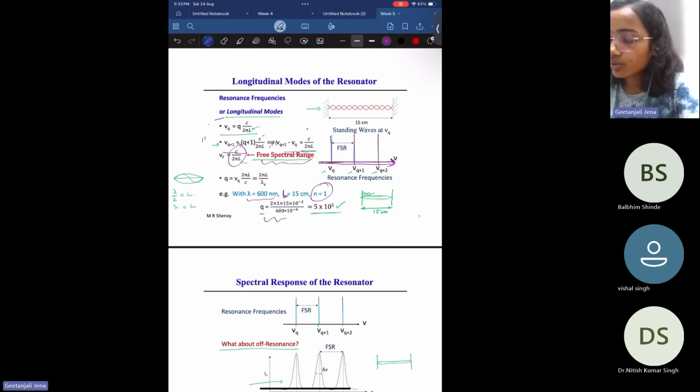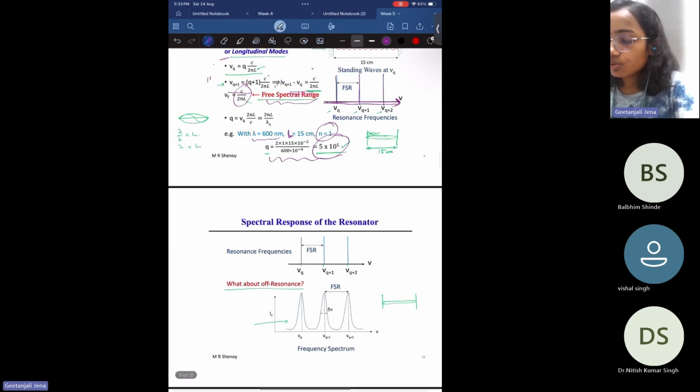The Q value you will get is much greater, of the order of 10 to the 5. So for a typical optical resonator, the Q value is very, very high, of the order of 10 to the 5, not a value like 1, 2, 3, 4. So the mode number Q is very high.